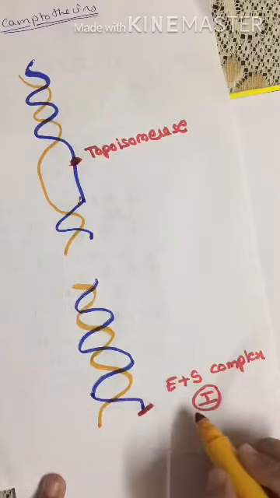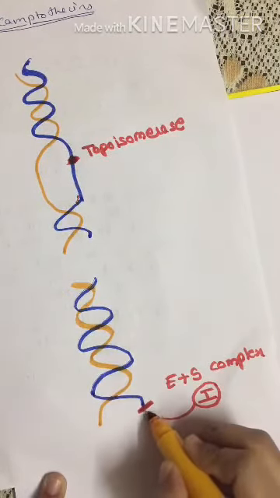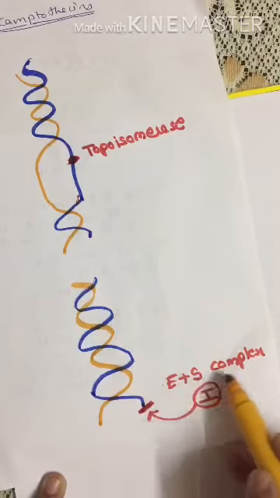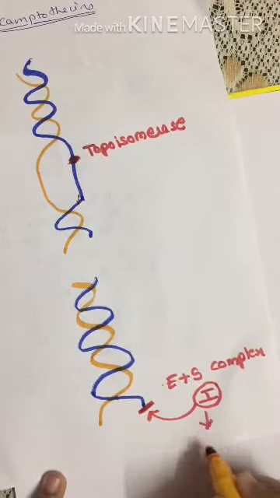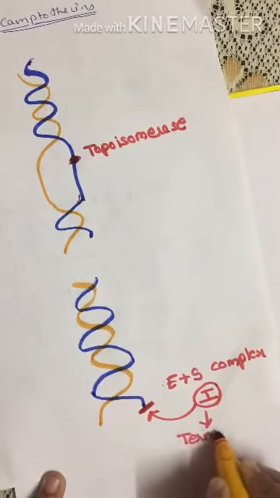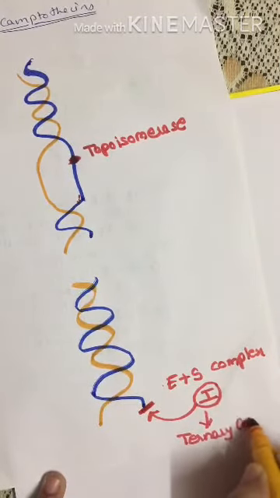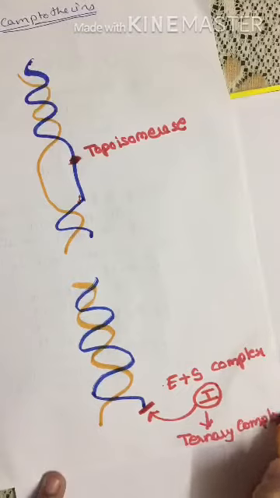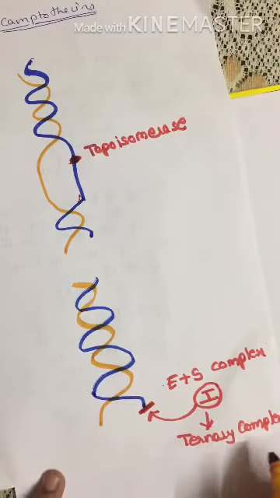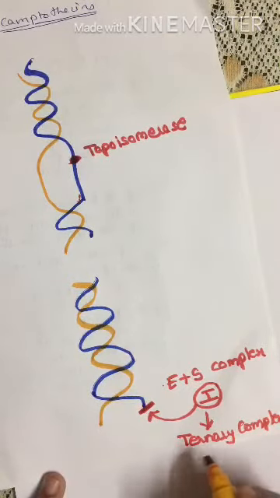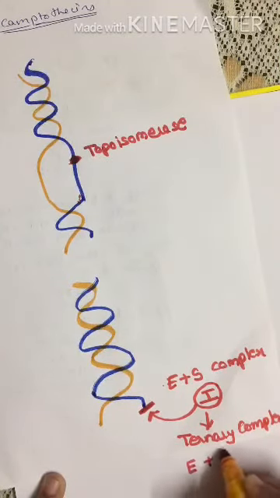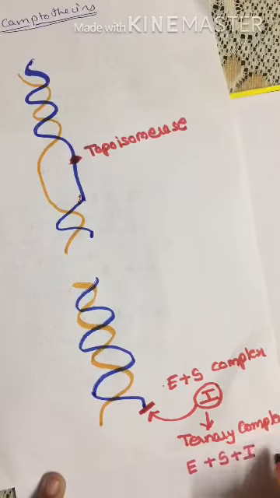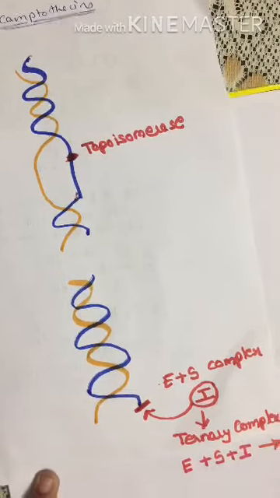This inhibitor goes and binds to the enzyme substrate complex, and this further forms a ternary complex. What is a ternary complex? The ternary complex is when the enzyme binds to the substrate and inhibitor at the same time.